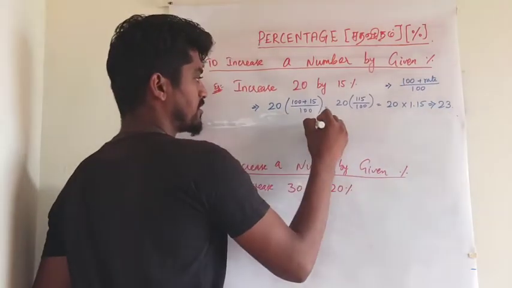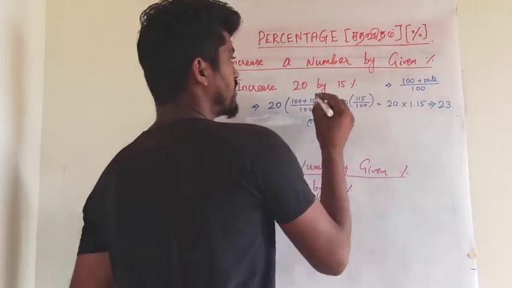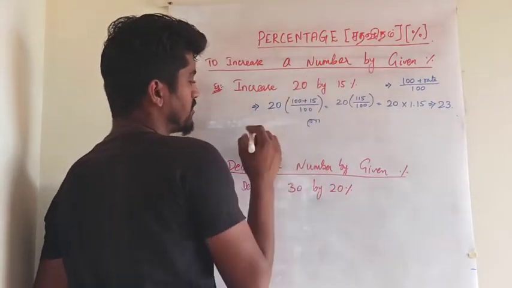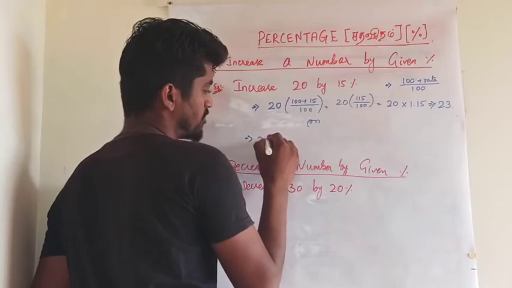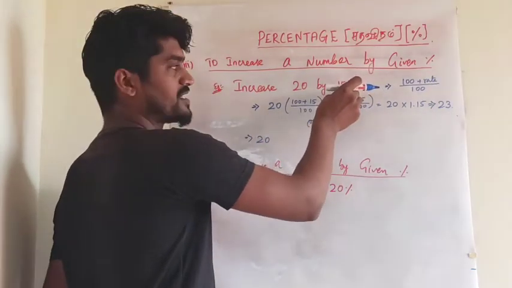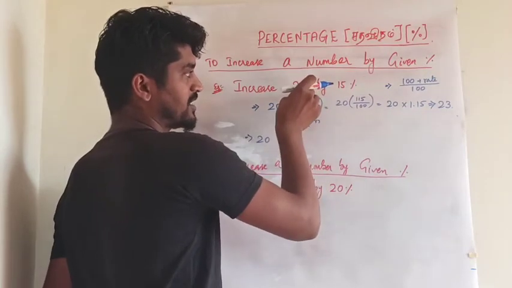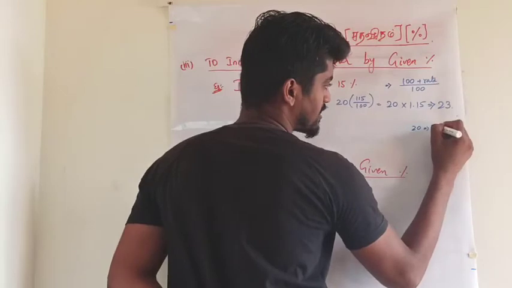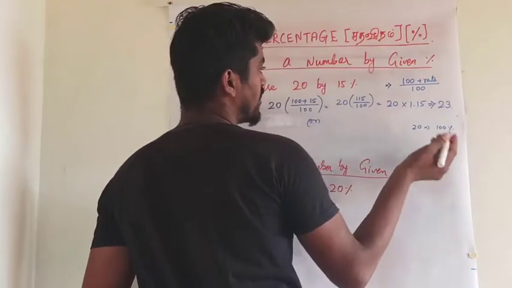Otherwise, there is another method. Here the given number is 20. They are saying to increase 15% extra from the 20. So we have to consider 20 as 100%.